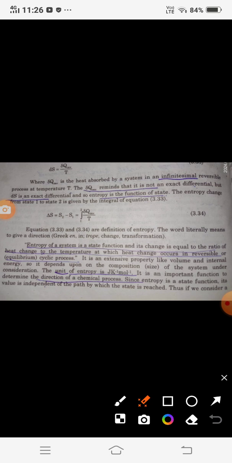What is the literal meaning of entropy? It is derived from the Greek words "en," which means in, and "trop," which means change, that is, the change inside or transformation.